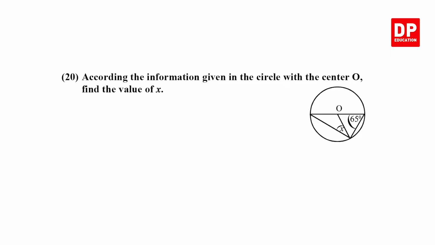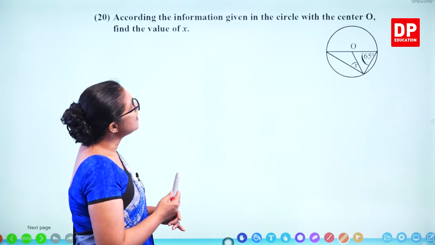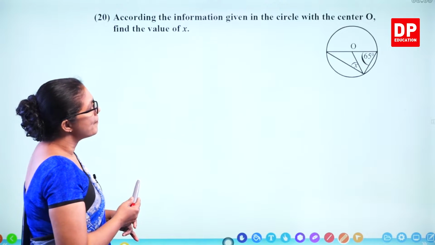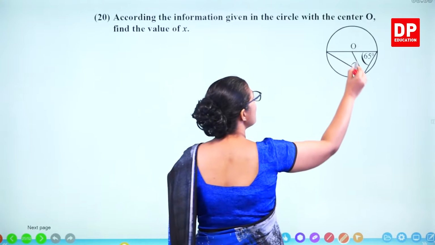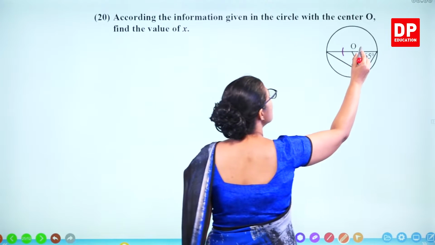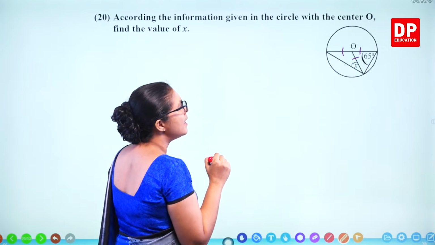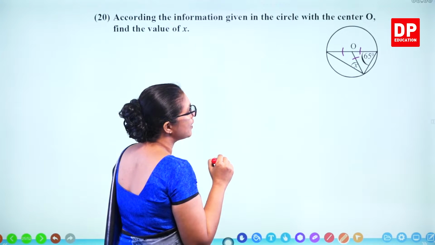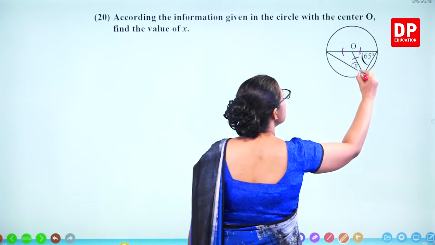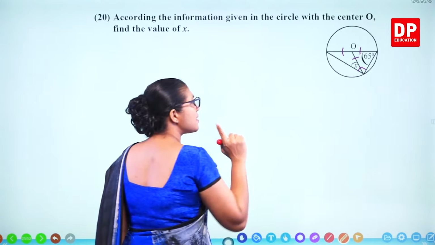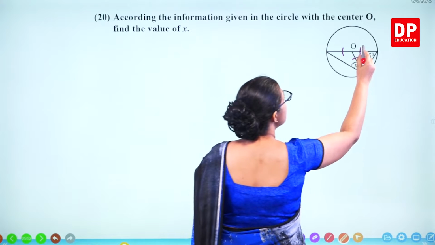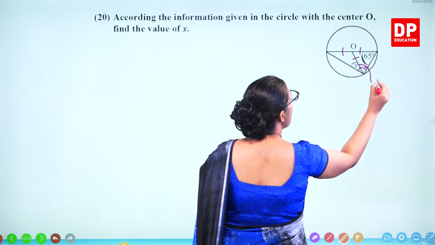Question number 20. According to the information given in the circle with the center O, find the value of x. Center O, so that means this is a radius, and this is also a radius. All lengths are equal. So what can you say about this? This is a diameter, so this is 90 degrees. Semicircle angle is 90 degrees and this is an isosceles triangle, so this becomes 65.